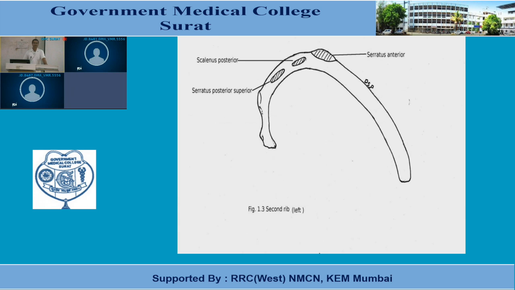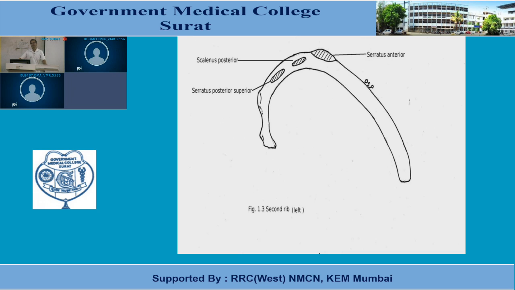In the same way, the second rib. The second rib is again flat, but not totally flat. It shows outer surface and inner surface, but the outer surface faces not outward but upward and outward, and the inner surface faces downward and medially.